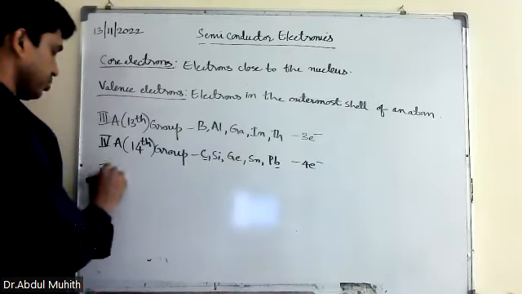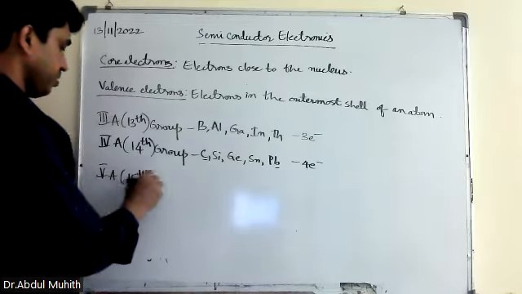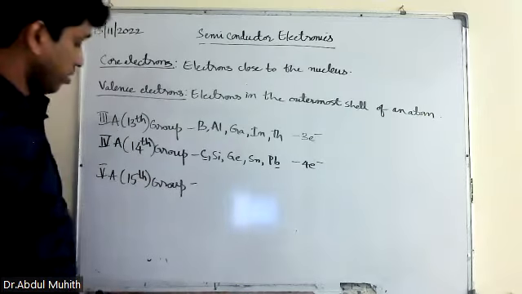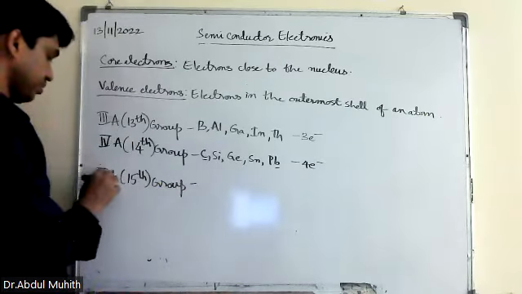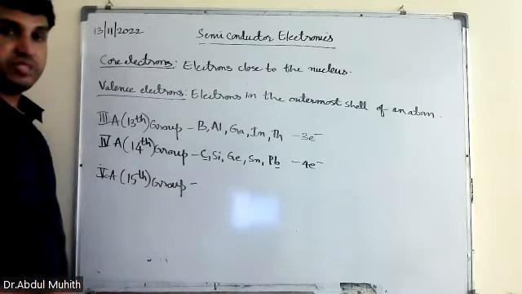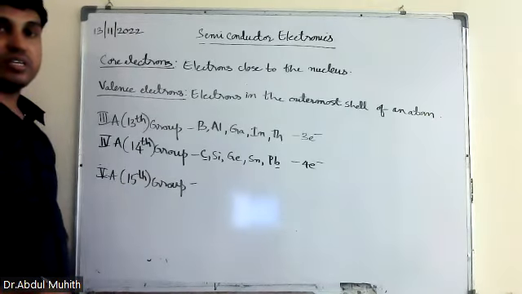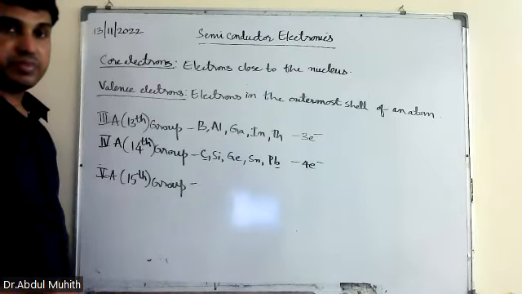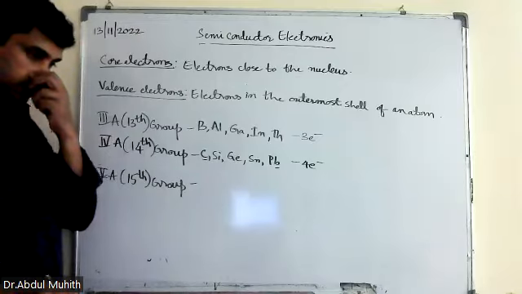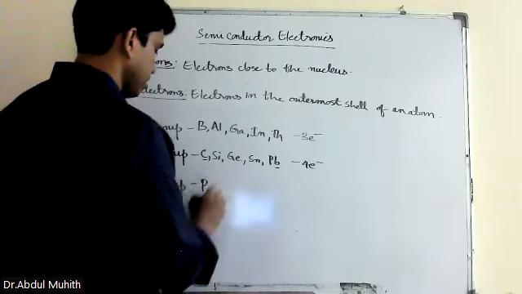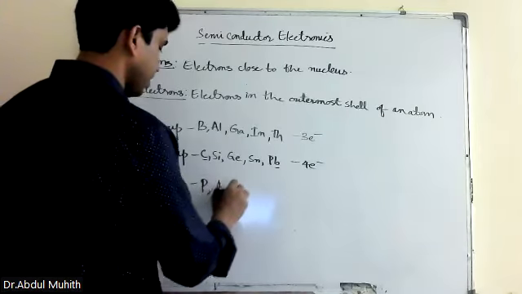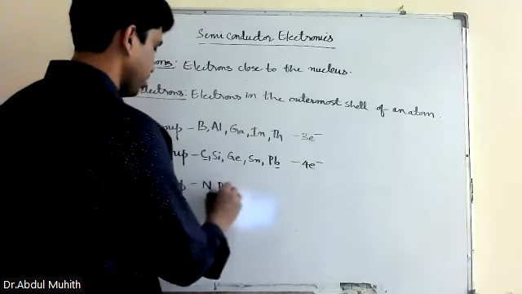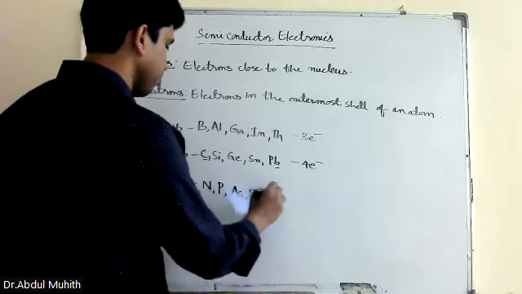Fifth A group elements are also known as the 15th group. What are the elements in this fifth group? This is from the periodic classification table. Nitrogen, phosphorus, arsenic, antimony, and bismuth.